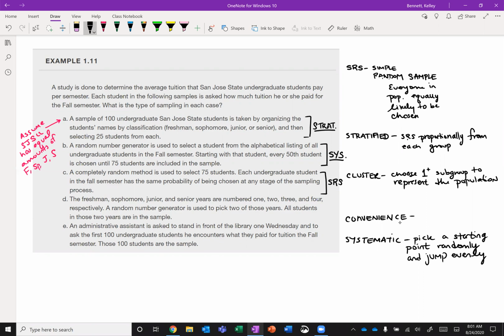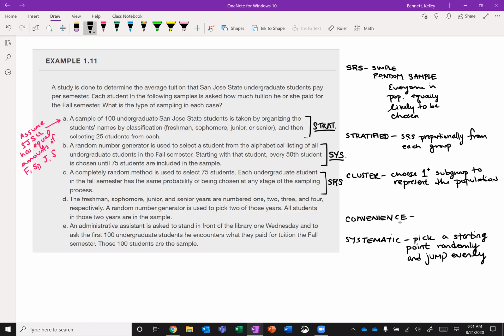All right, D, freshman, sophomore, junior, and senior years are numbered 1, 2, 3, and 4, respectively. A random number generator is used to pick 2 of those years, and all students in those 2 years are in the sample. So what they're saying here is that you're classifying each student as either a freshman, sophomore, junior, or senior by numbering them 1, 2, 3, 4.